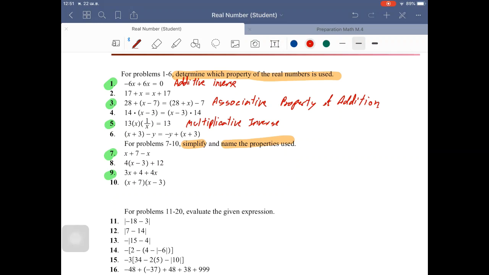Question 7. There are many properties you are going to use. The first one you start with is commutative. Commutative is how to switch the numbers, how they are arranged. Okay, let me copy the question here on another page to explain more clearly.